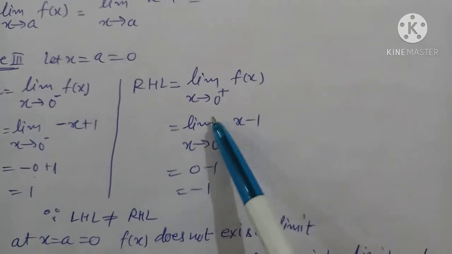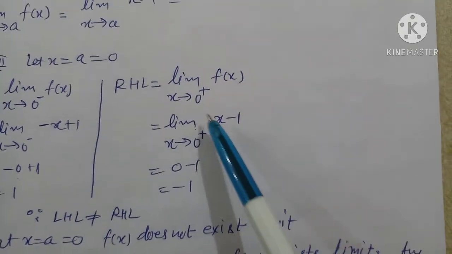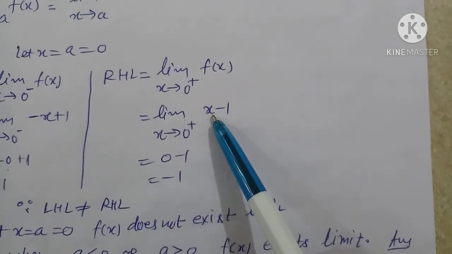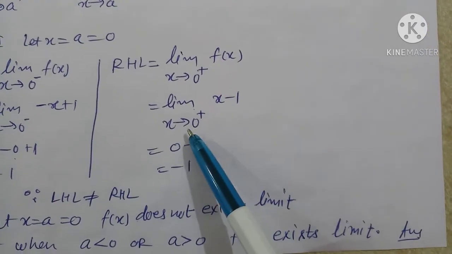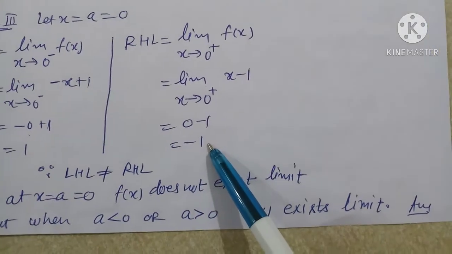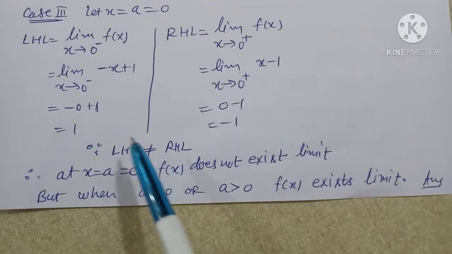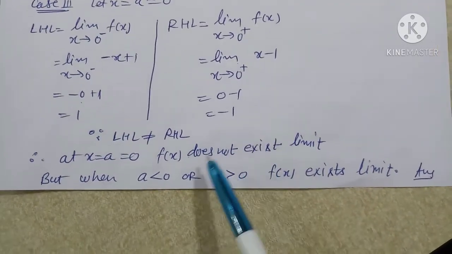Now right hand limit, it means 0 plus f(x). 0 plus means more than 0. More than 0 function is defined as x minus 1. Now raise the limit. In place of x write 0. So here you will get minus 1. So see here, left hand limit is plus 1, and right hand limit is minus 1.